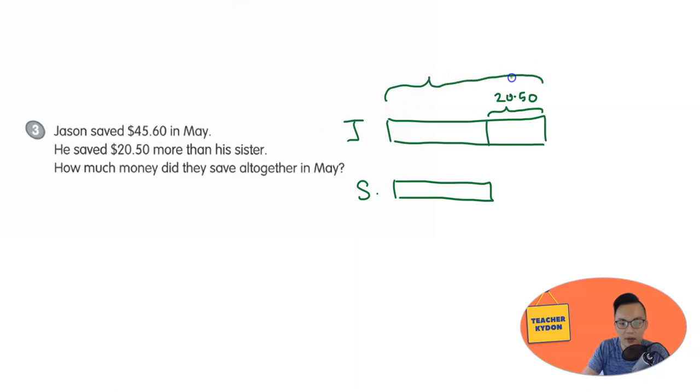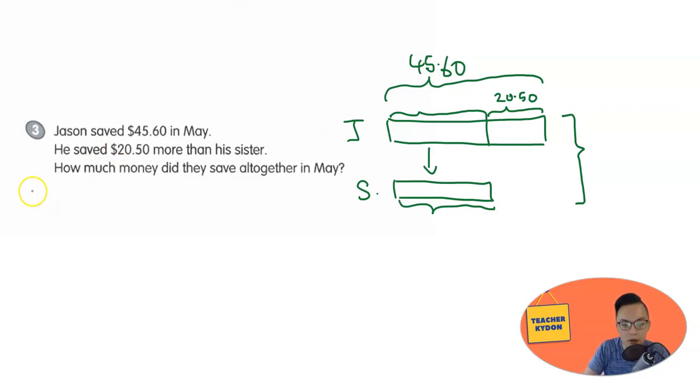So this whole thing is $45.60. How much money did they save altogether? Altogether, right, is actually like that. All right. This is how you represent altogether. So he saved $20.50 more than his sister. So you need to figure out, right, how much is this portion? Then you reflect it downwards. It's actually the same as the sister.